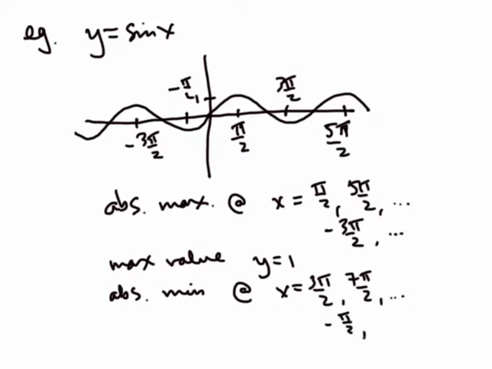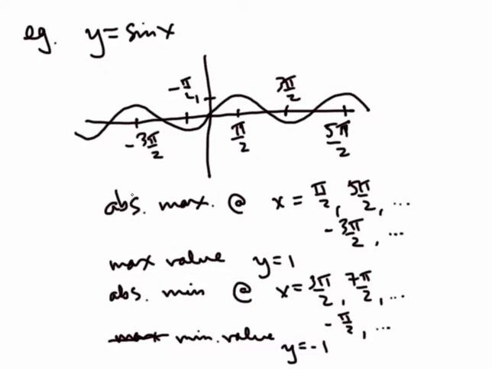But again, just like with the maximum value, there's only going to be one minimum value. That's the y value where it's lowest, and that y value is negative 1.